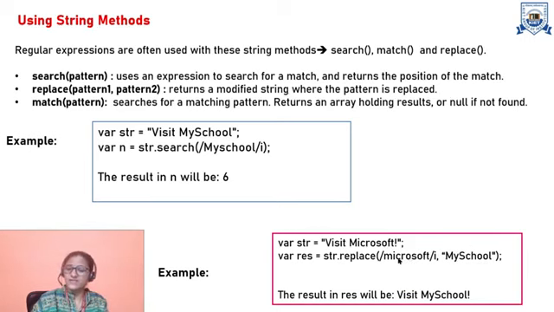The original value which we want to find will get replaced by another string. It will be replaced by my school. So the res variable will be "visit my school", because in place of Microsoft we have provided my school.